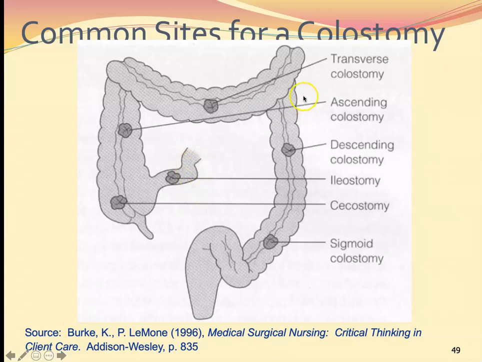Here are some of the common sites for colostomies. And so depending on the area of the colostomy, that is how you know the stool consistency will depend on the area of the colostomy.